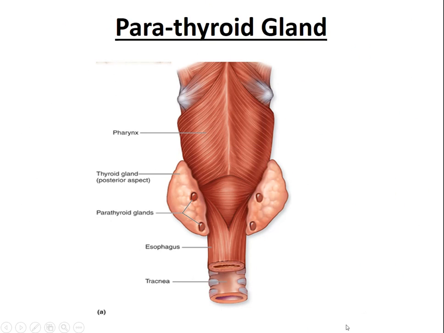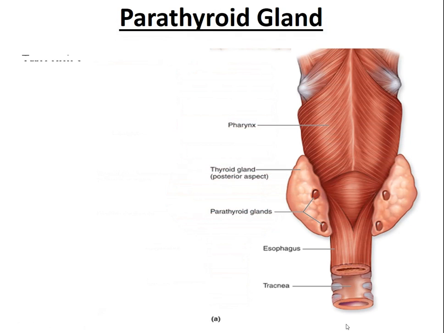So we know that the parathyroid gland is essential. So let us learn about the parathyroid gland. They are two pairs on the posterior aspect or posterior border of the thyroid gland. So they are the superior parathyroid and inferior parathyroid gland.